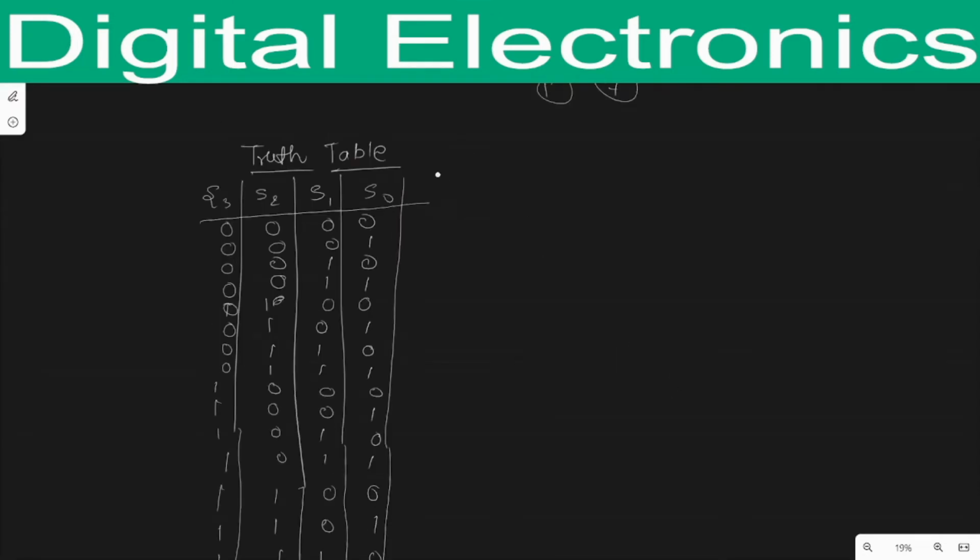Now these are the input sum, and accordingly we will find out when correction is required.